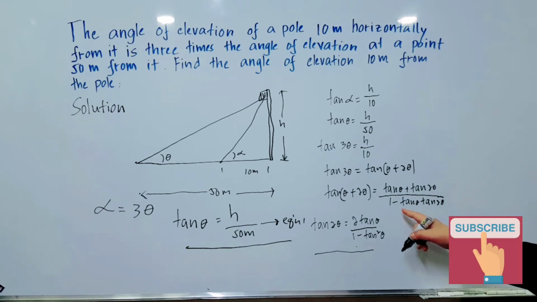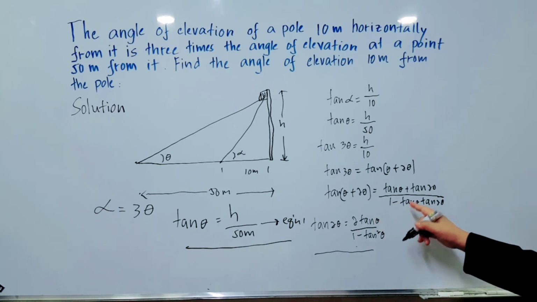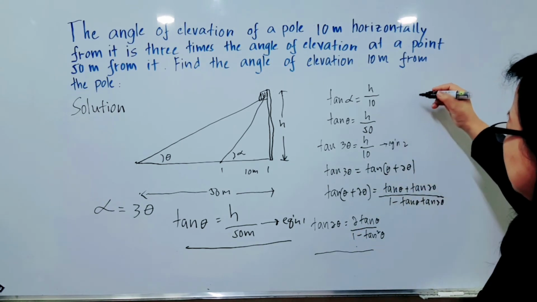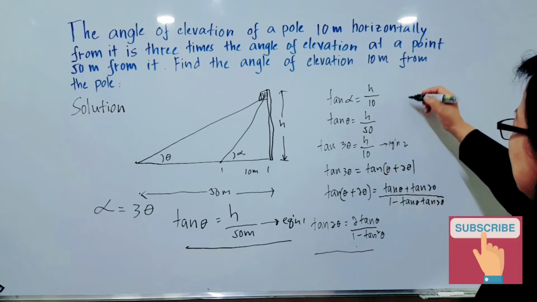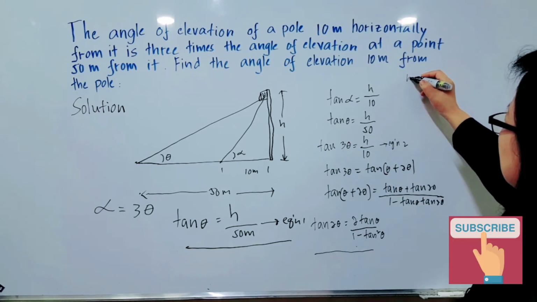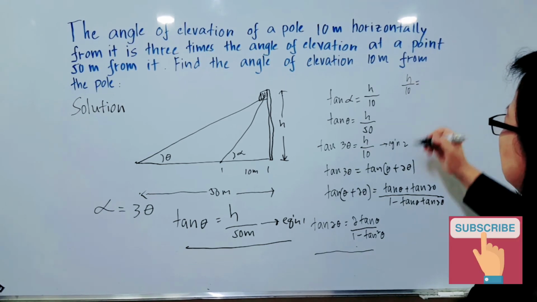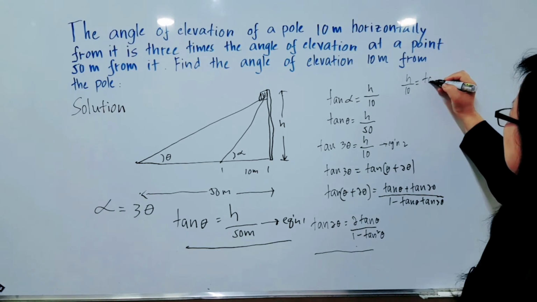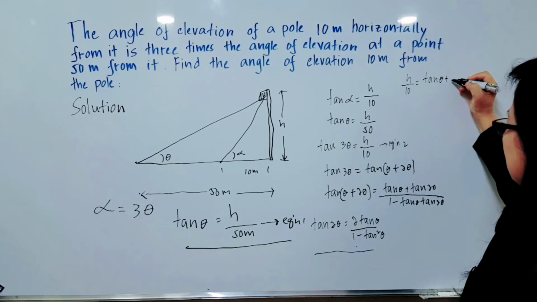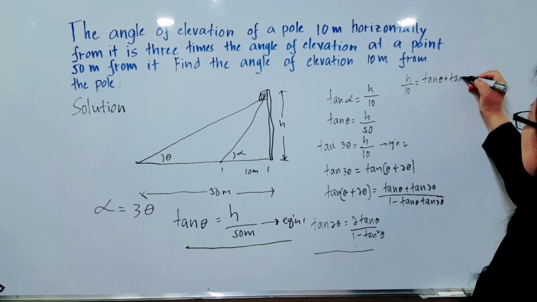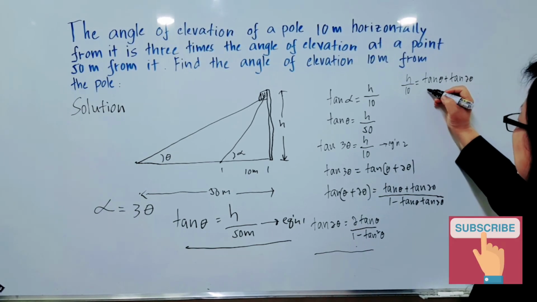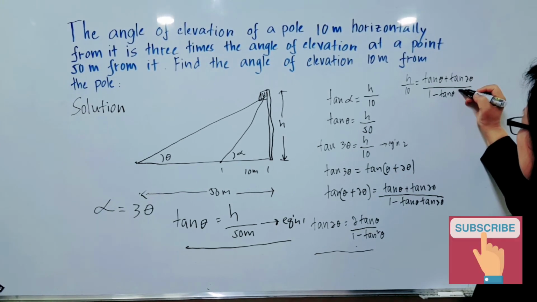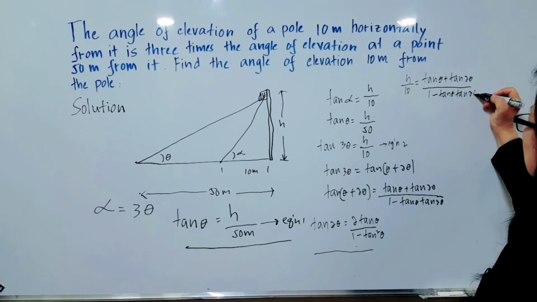Ngayon, we can substitute the value of tangent 2 theta in here. Now, going back to this equation, we'll have h over 10 is equal to tangent theta plus tangent 2 theta divided by 1 minus tangent theta tangent 2 theta.